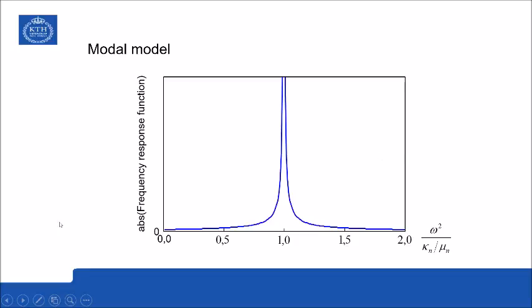So if we plot the absolute value of the frequency response function versus a frequency parameter given by the angular frequency squared over the eigenvalue, we find that we start from low values, and then as we approach 1, that is angular frequency equal to the square root of the pole, the system pole, we approach infinity.